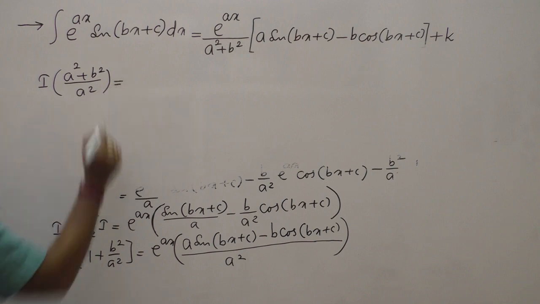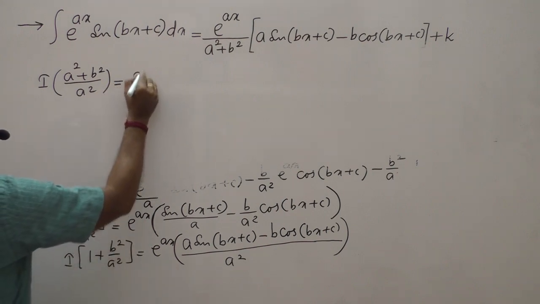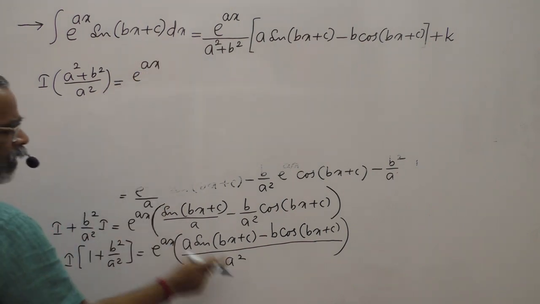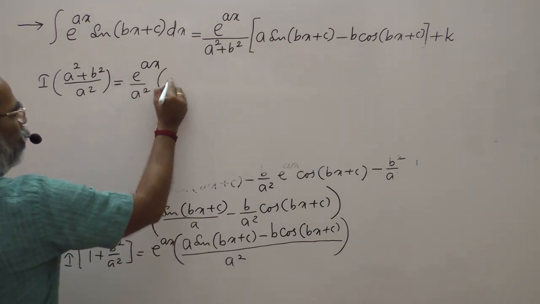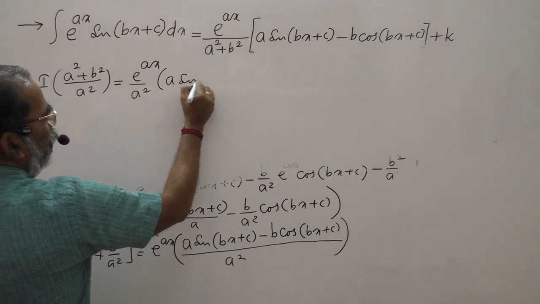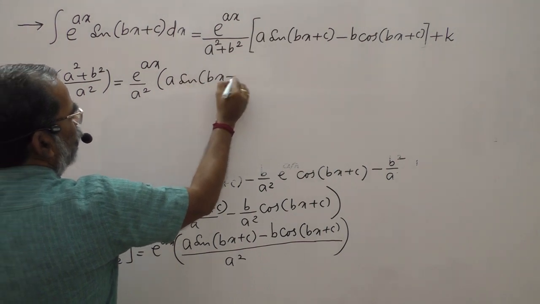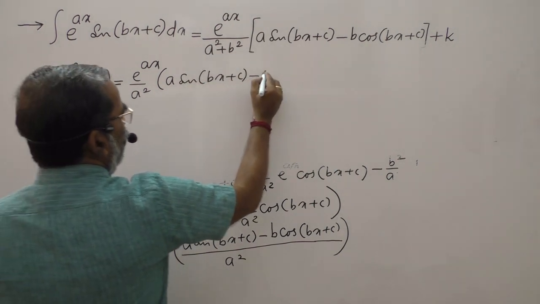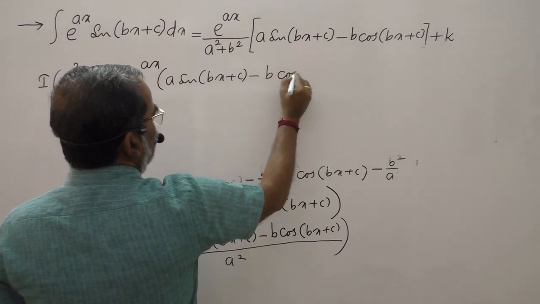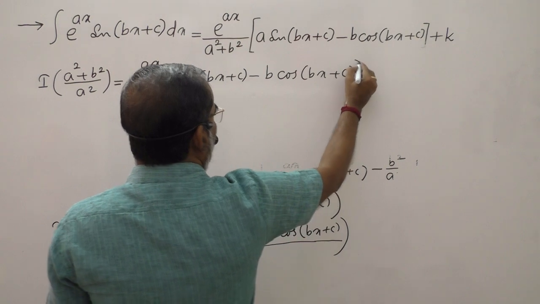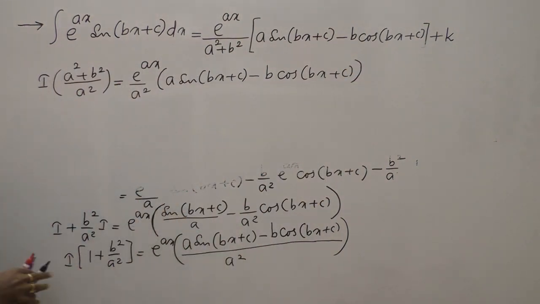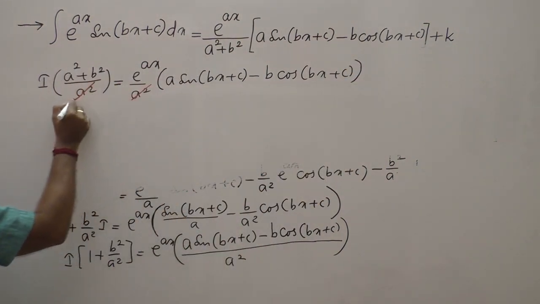This is equal to, on the right side what we have, e power ax, and this a square can be written here. And in the bracket a into sine of bx plus c minus b into cos of bx plus c. We have this. Again I can cut a square a square.